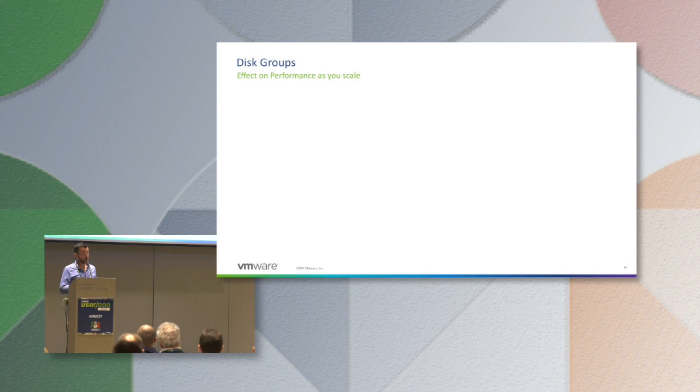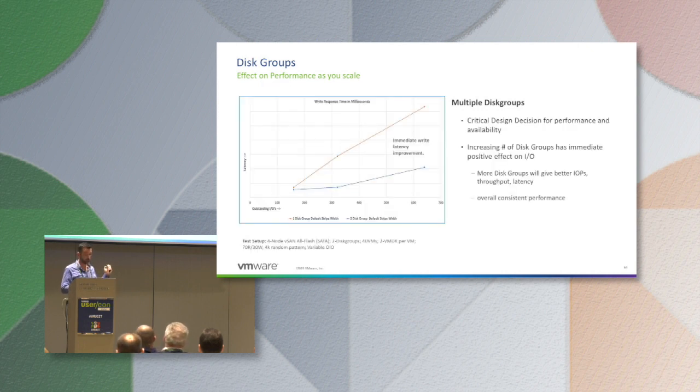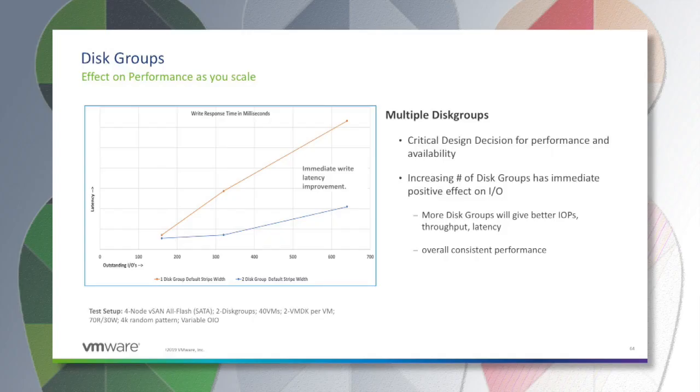Disk groups. Multiple disk groups is a good idea. The vSAN sizer does default to multiple disk groups for a very good reason. I can go through all the reasons why, but if you want to see results, this again is from my own lab. The details are in the graphic down there. The orange line is a single disk group as I increase the outstanding I/O. I started at about 120 outstanding I/Os per server, then went to 320, then 640, and then I went off the scale.